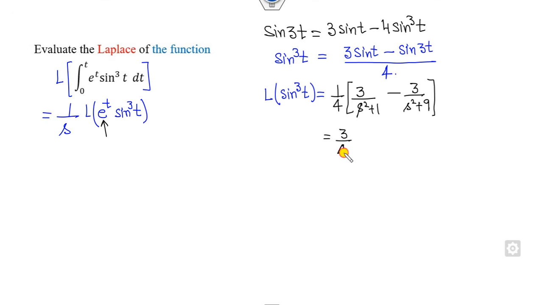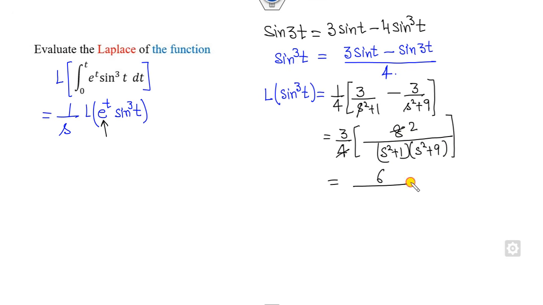So 3 over 4 is outside. I can take the LCM as s square plus 1 and s square plus 9. It is 9 minus 1, 8. So this will cancel out. It is 6 over s square plus 1 into s square plus 9. So that's the Laplace of this.